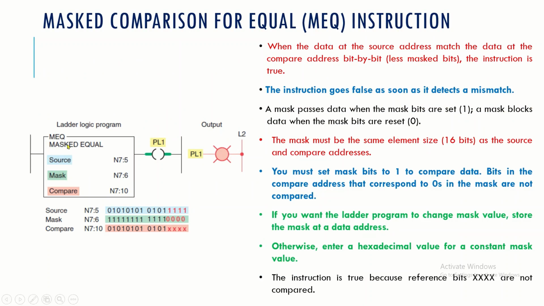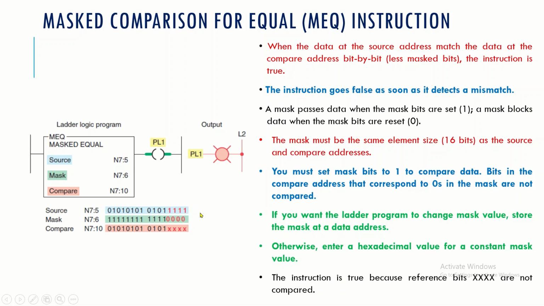This is the MEQ instruction block where you have a source data, and here you have to compare with the data that is supposed to be against this compare variable. So this source contains one data and this compare contains the other data. In between there is a mask.